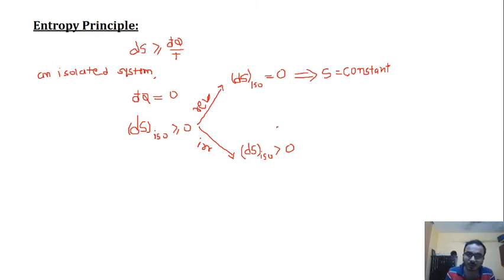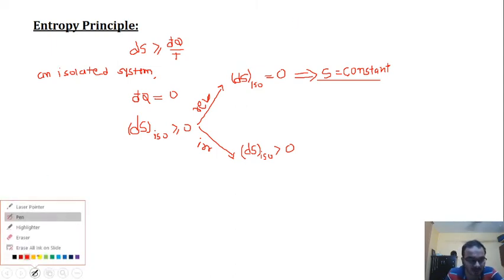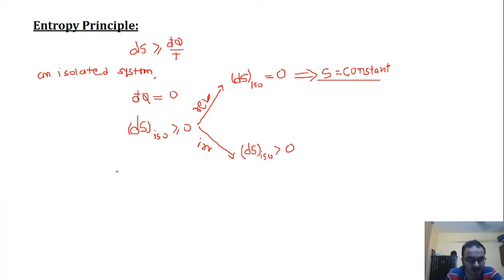Either it remains constant in a reversible process, or it increases in an irreversible process. This is known as the principle of increase of entropy, or simply the entropy principle.